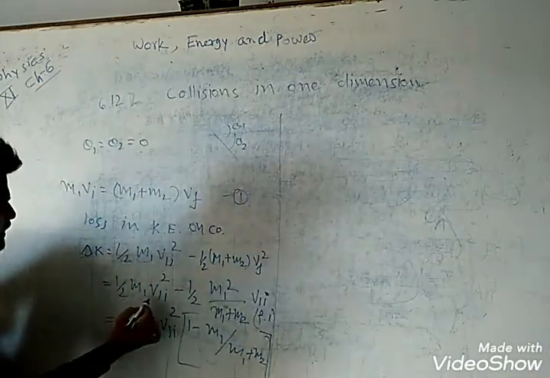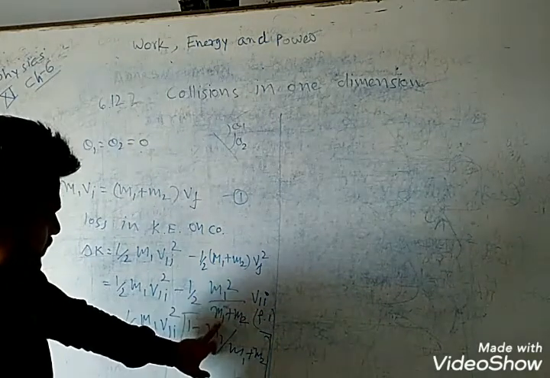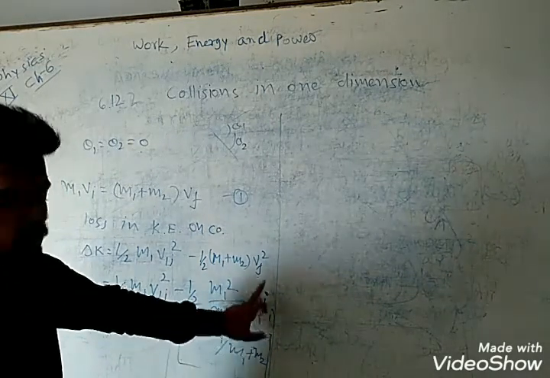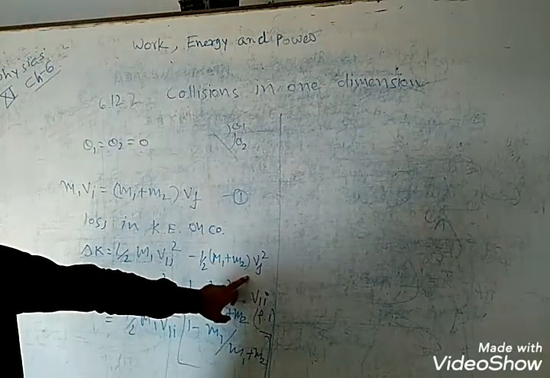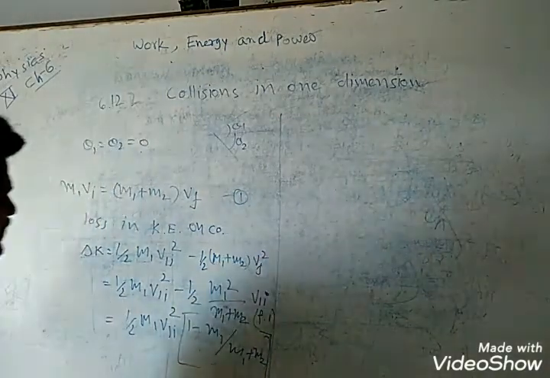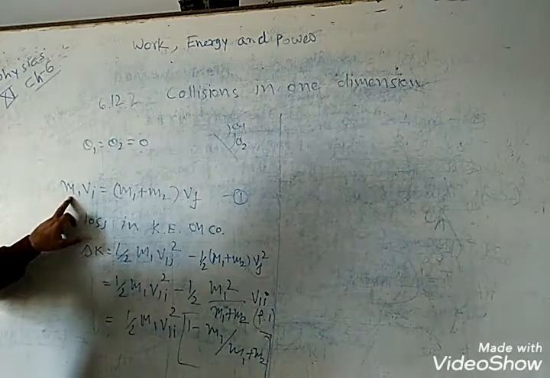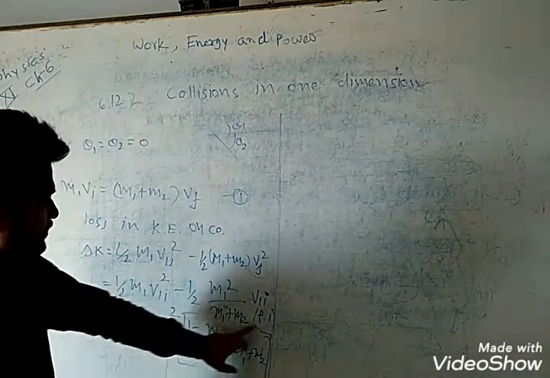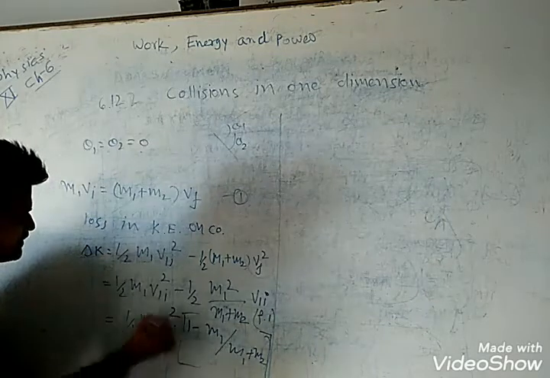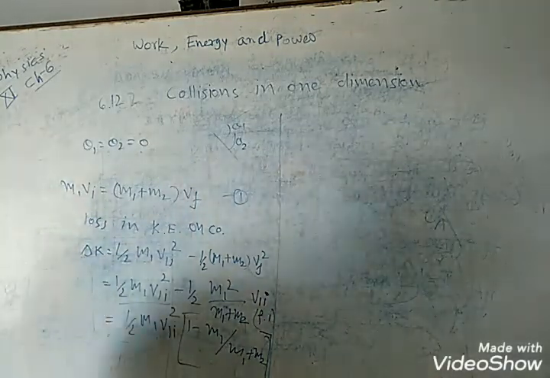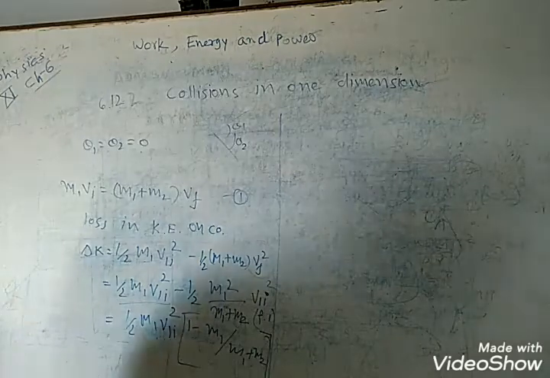Now del K is equal to 1 by 2 m1 v1i square minus 1 by 2 m1 square upon m1 plus m2 into v1i square, putting in the value from the earlier equation. Solving this equation, take 1 by 2 m1 v1i square common: 1 minus m1 upon m1 plus m2.